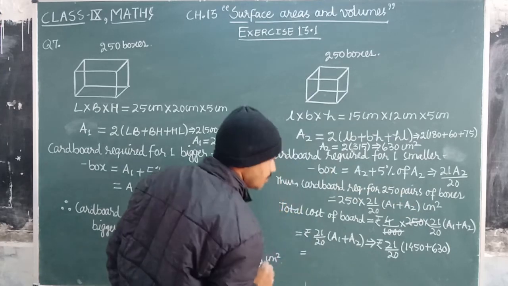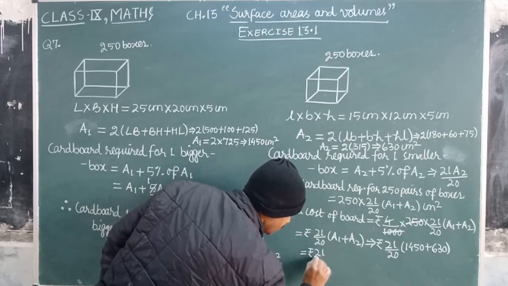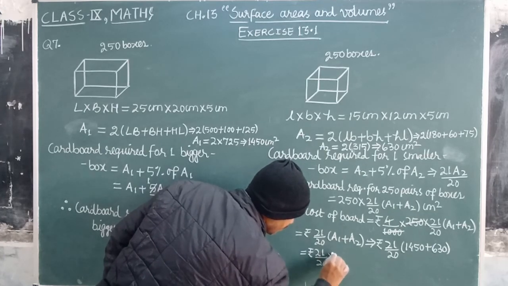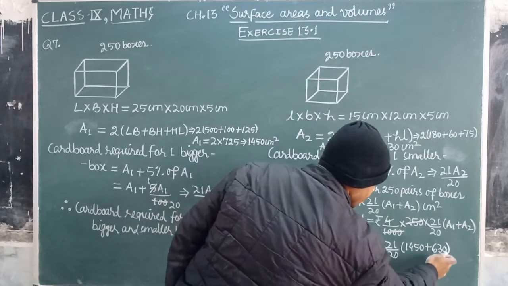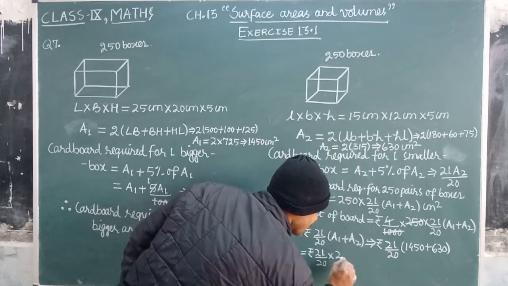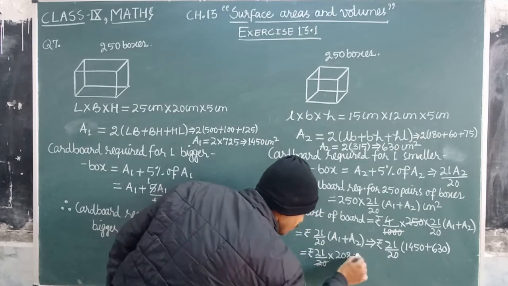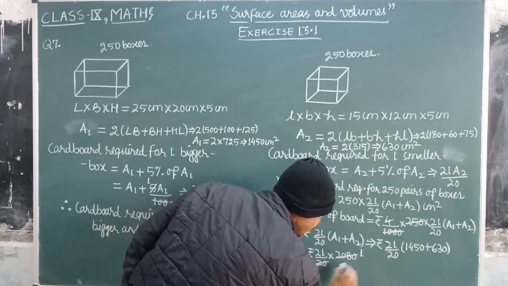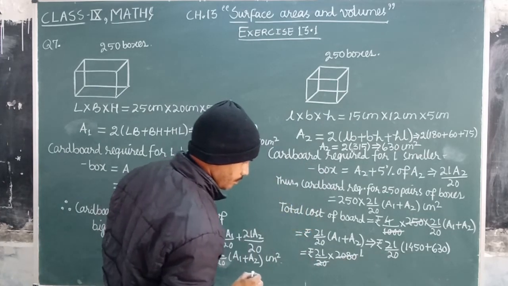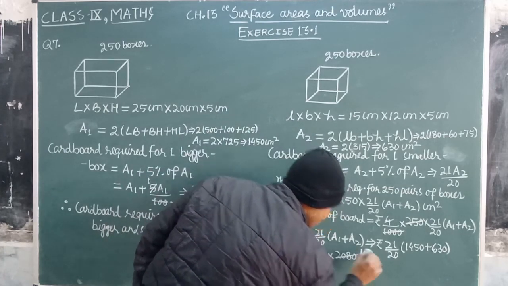This equals rupees 21 upon 20 multiplied by their sum, which is 2080. 20 ones are 20, and 20 fours are 80.